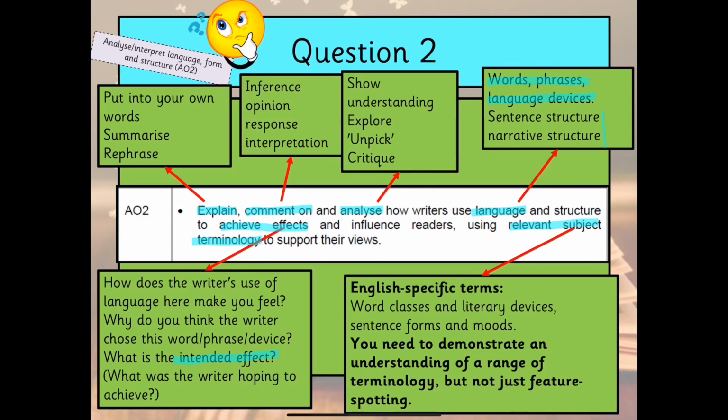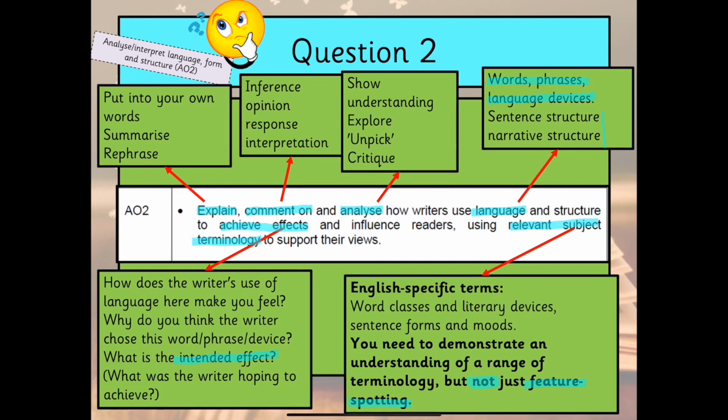But the thing to remember is that, yes, you do need to demonstrate a good understanding of this subject terminology, but this question is not a feature spotting exercise, okay? Absolutely not. There are almost no marks available for just listing all of the nouns that you find in the text, or all of the adjectives, or all of the metaphors and similes.